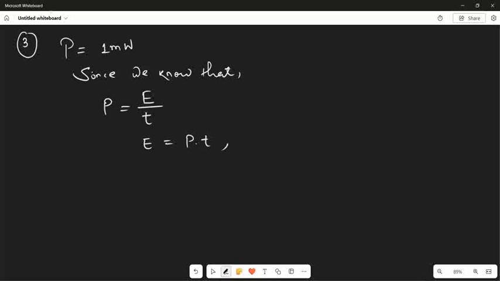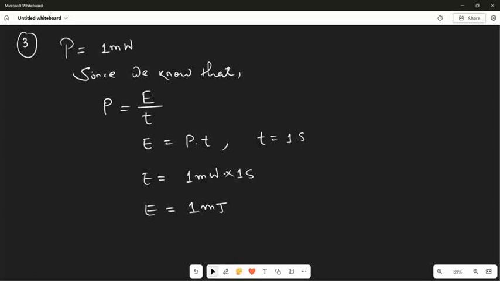So here we will take time equal to 1 second. So our energy will be E is equal to 1 milliwatt times 1 second. So this energy will be 1 millijoule.